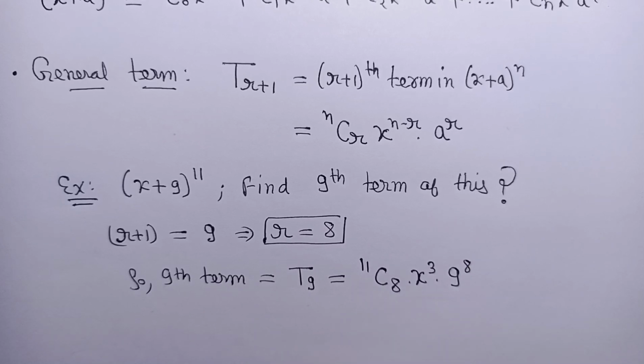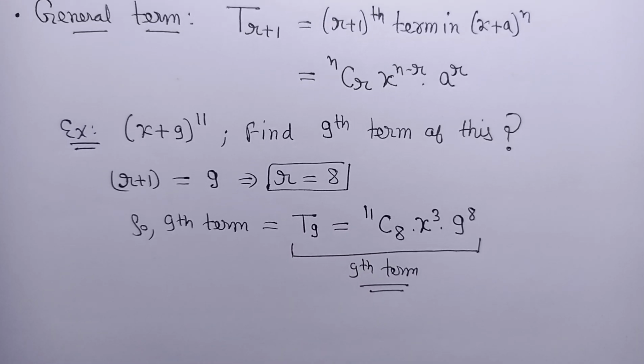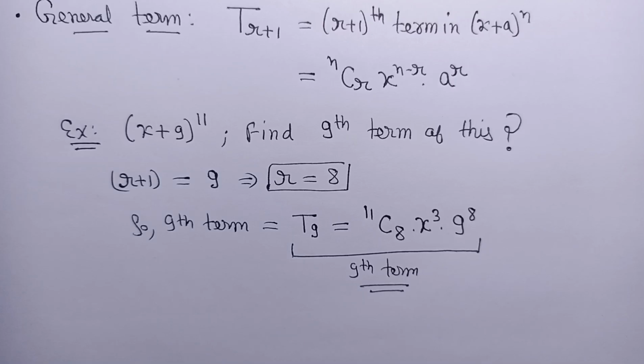So this much only. This is very simple to find any random term. So this is the ninth term. You can find any term with this general formula, whatever expansion or expression they are giving.